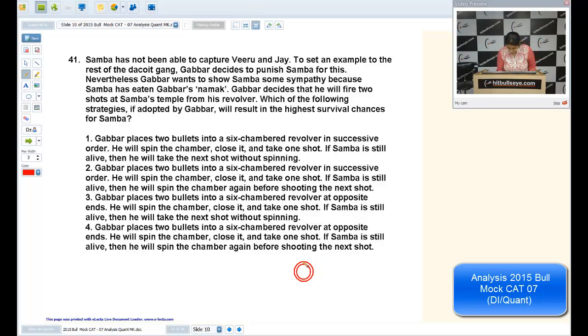See, there are 6 bullets. Let me do it once again. These are the 6 chambers.